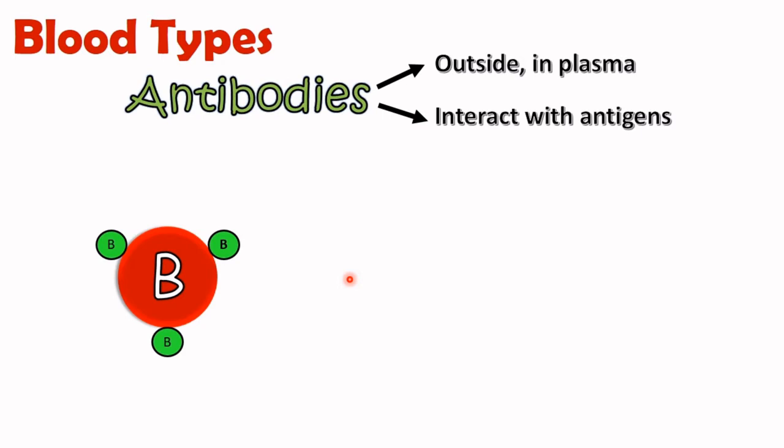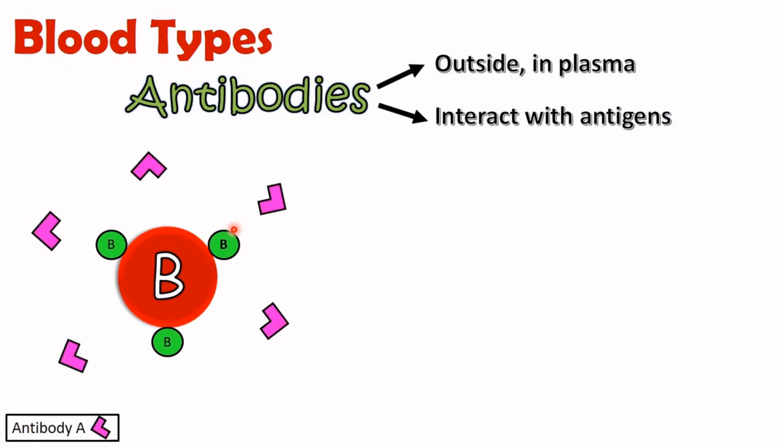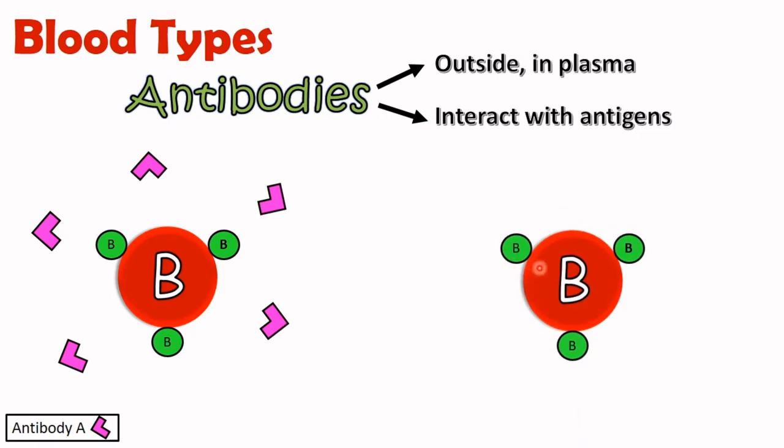So if you have the antigen B, with type B, meaning that your antibody will be antibody A. And if a person comes with the antigen B, there is no reaction because antibody A only reacts to the antigen A. But there is no antigen A right now, so no reaction occurs.